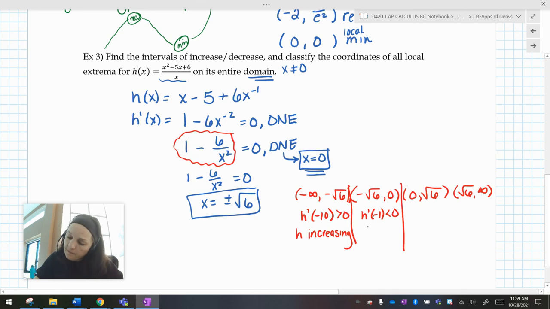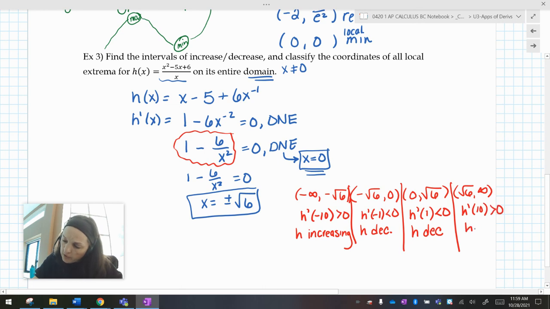That's going to be negative. So h is decreasing. From 0 to √6, h prime of 1 is 1 minus 6 over 1, still negative. H is still decreasing. And from √6 to infinity, h prime of, let's say, 10, is greater than 0. H is increasing.